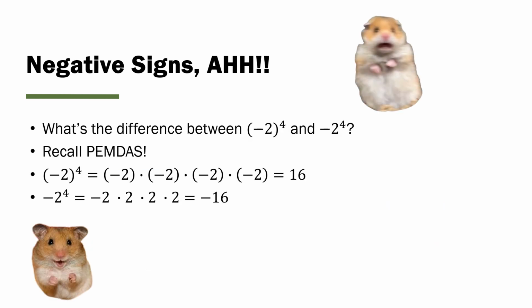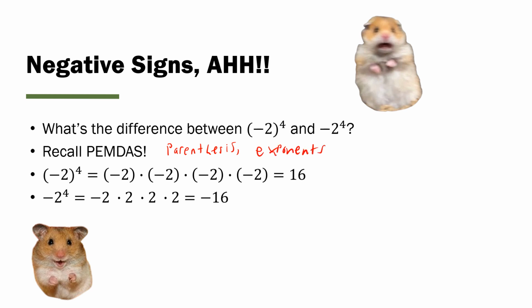Now I immediately want to address an important concept, which is dealing with negative signs. So how does -2 in parentheses raised to the power of 4 differ from -2 to the power of 4 without parentheses? It comes to PEMDAS. So we want to evaluate parentheses first, then we want to evaluate exponents.